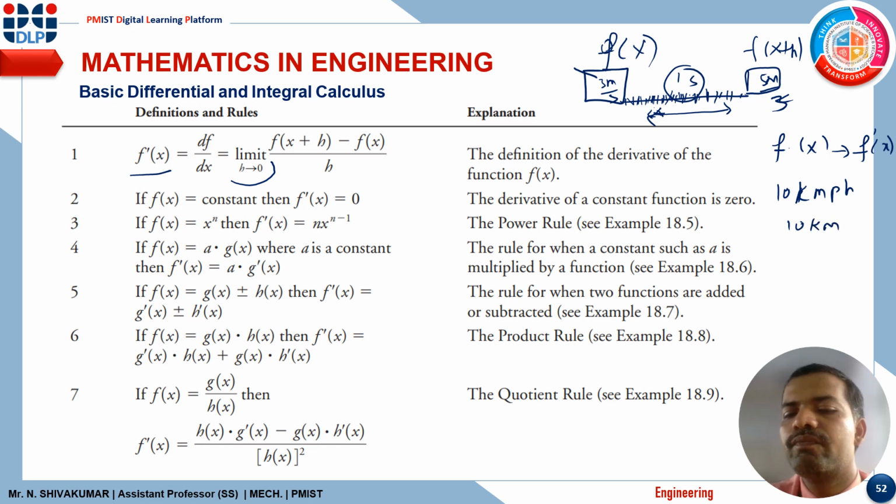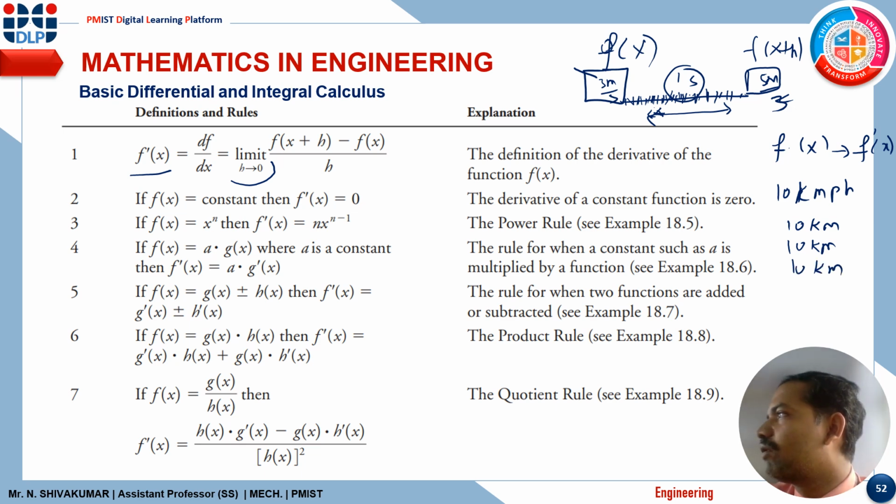In hour 2, how much will it travel? It will definitely travel another 10 kilometers. When it completes the third hour, again it travels another 10 kilometers. The velocity is constant. There is no change in the distance traveled. That means velocity is kept constant.